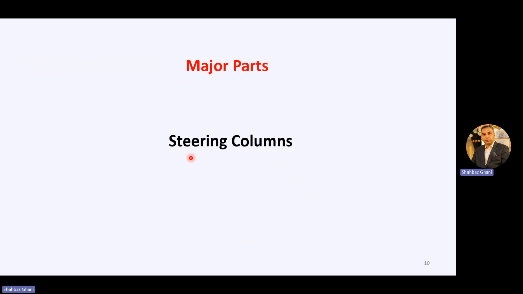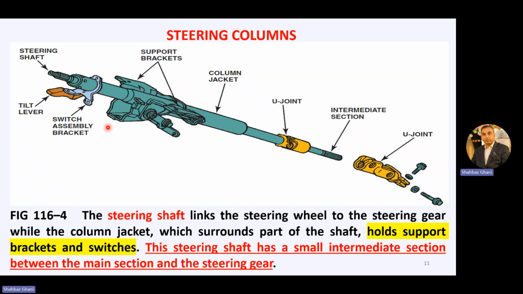Now the second part is the steering column. This is how the steering column looks. First I will read: the steering shaft links the steering wheel to the steering gear, while the column jacket, which surrounds parts of the shaft, holds supports, brackets, and switches.